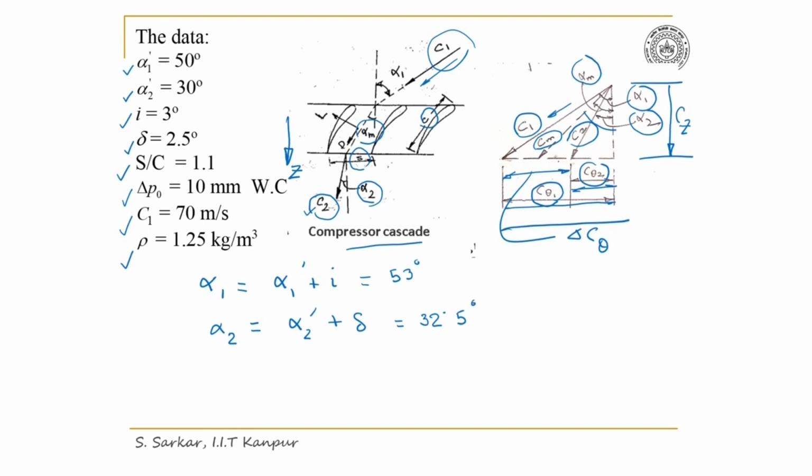Now I have evaluated alpha 1 and alpha 2, hence I can calculate alpha m from the relation tan alpha m is equal to half into tan alpha 1 plus tan alpha 2. So let me write now the relation tan alpha m is equal to half of tan alpha 1 plus tan alpha 2.